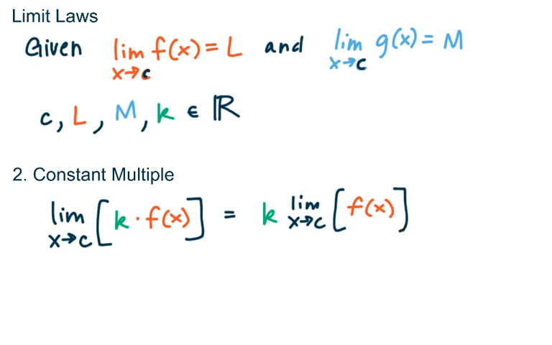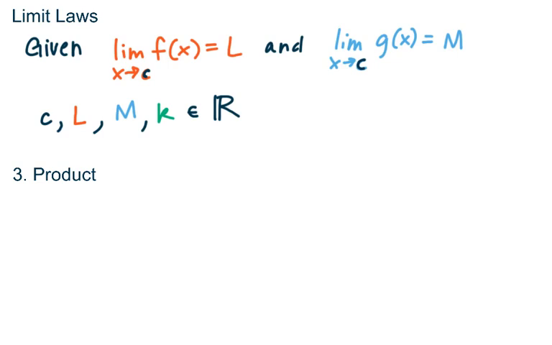Okay, so we can pull that out, in a sense factor it out, when you have a constant multiple. So that k would remain, and from up above, we know the limit as x approaches c of f of x is L. So this would just be k times L.